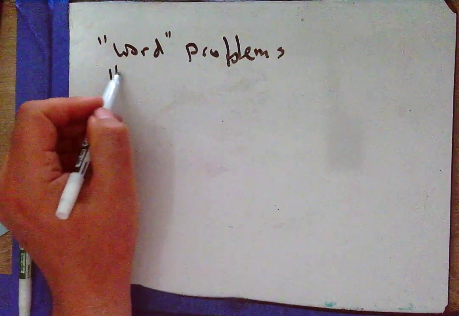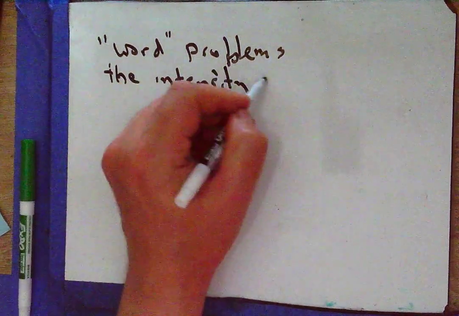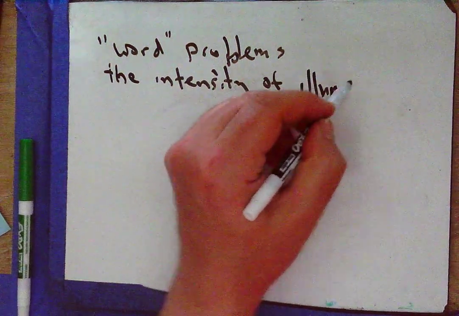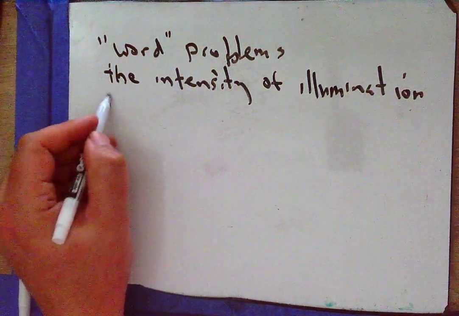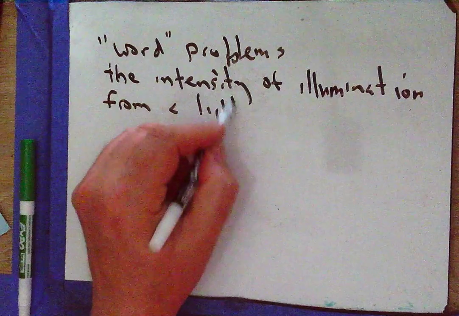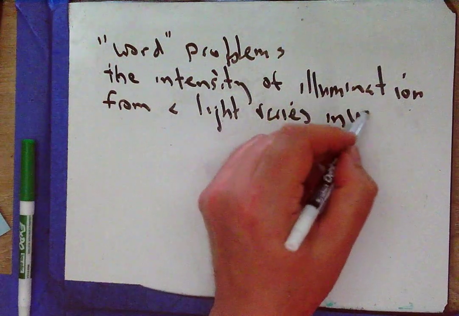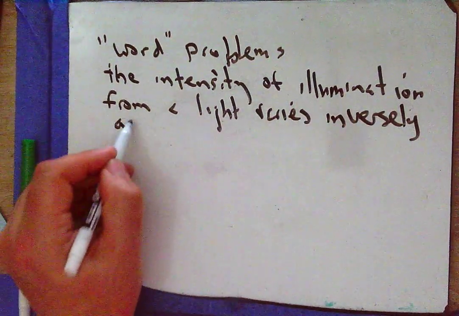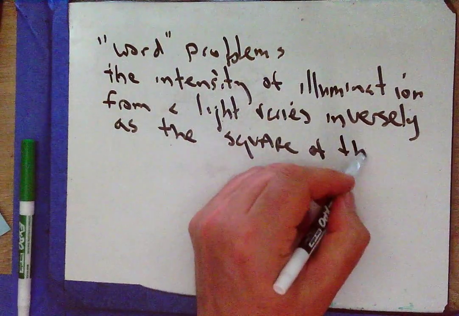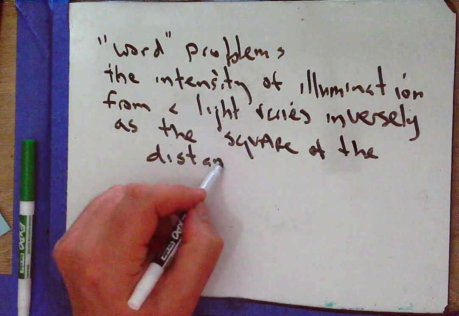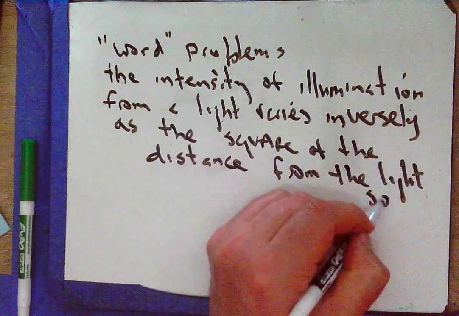So the intensity of illumination, that's how bright the thing is, from a light varies inversely as the square of the distance from the light source.